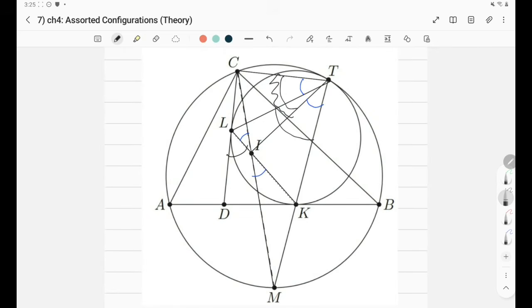But KID is just equal to this arc, so we can move it immediately to this angle, KTL.